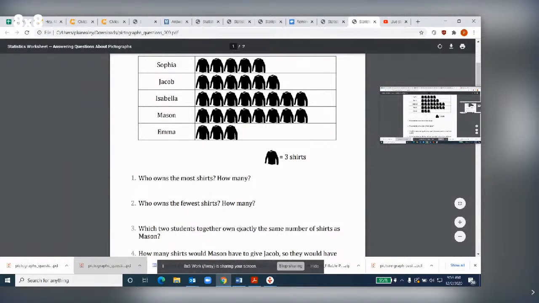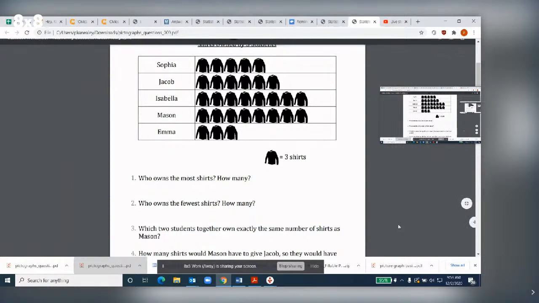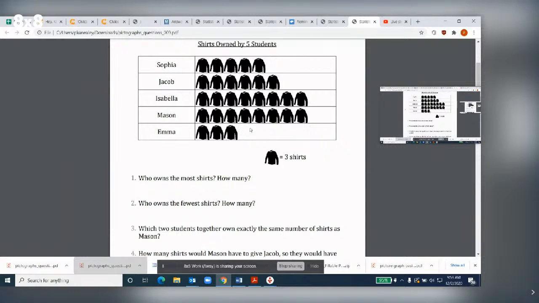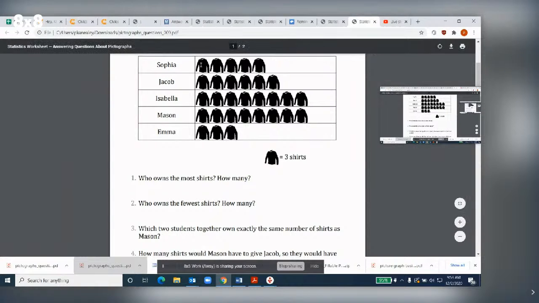Which 2 students together own exactly the same number of shirts as Mason? Mason has 24. We've already figured that out. So you're going to find 2 students who together have 24 shirts. Emma has 3, so someone has 5, and that would be Sophia.